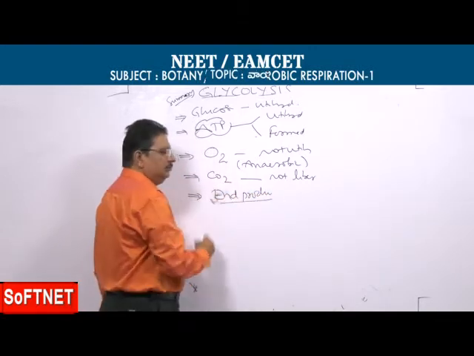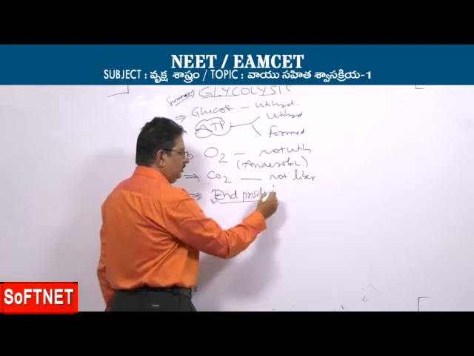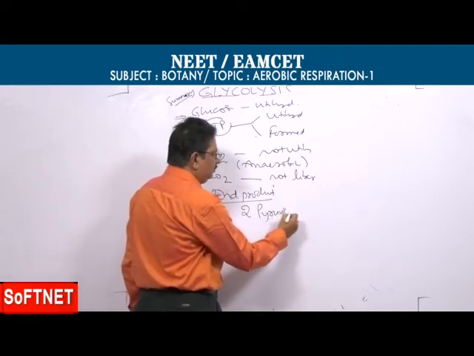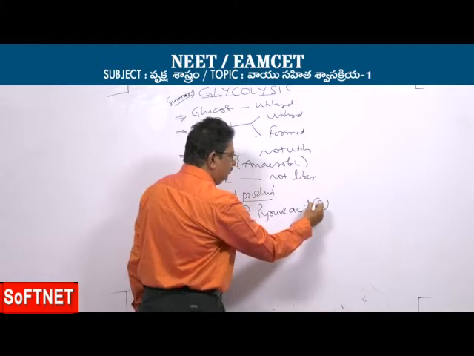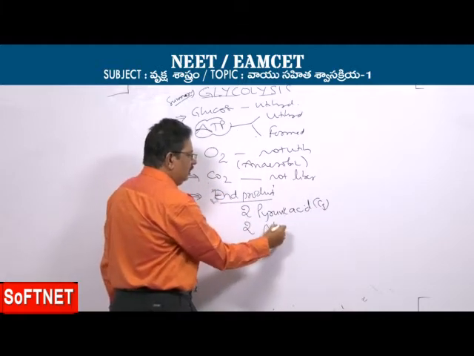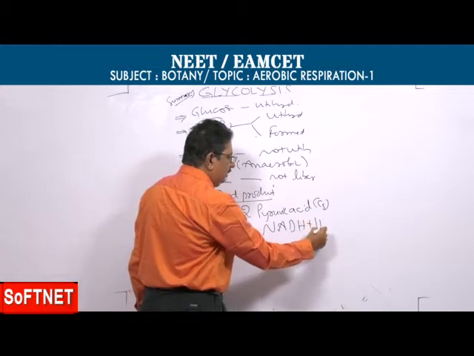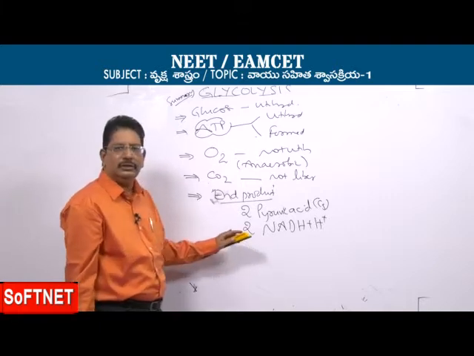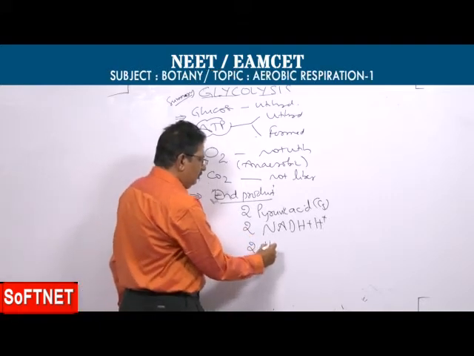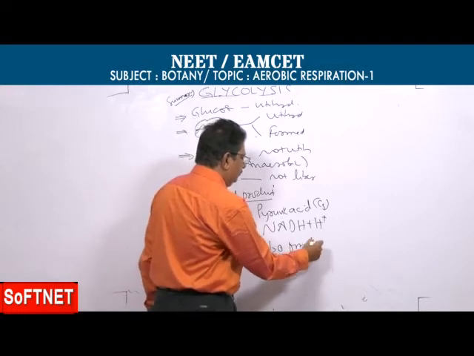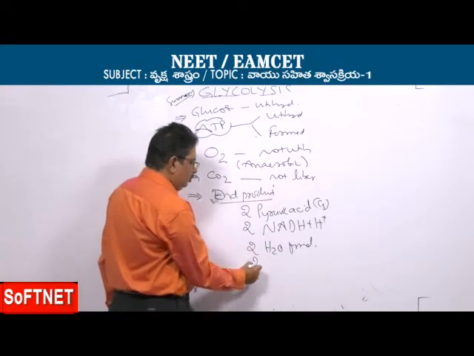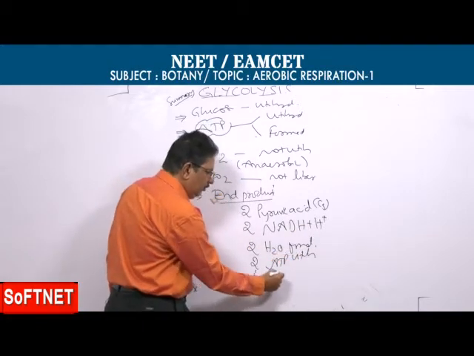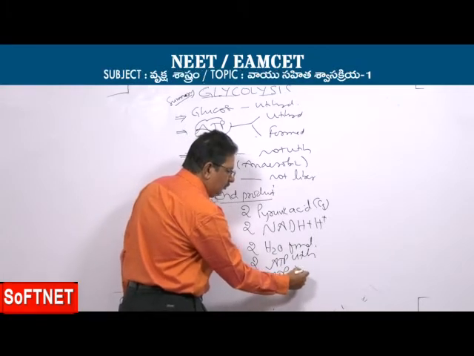During glycolysis, what are the end products? The end products of glycolysis are 2 molecules of a C3 compound, that is pyruvic acid, and 2 molecules of NADH plus H plus, one form of energy to be oxidized later to get ATP, and 2 molecules of water, and 2 molecules of ATP utilized, 4 molecules of ATP formed.